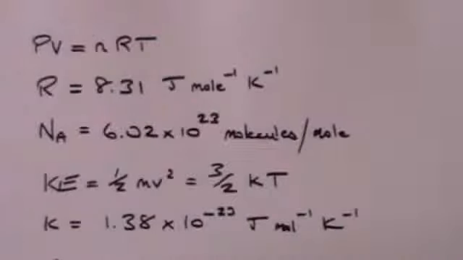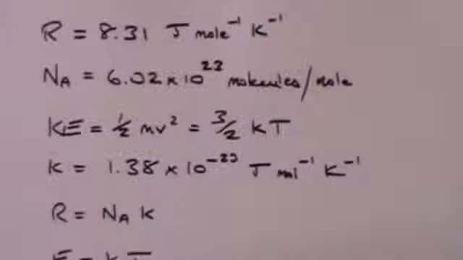But if v is the average velocity, then that equates to 3 over 2 times kT, where k is the Boltzmann constant and T is the temperature. The value of k is 1.38 times 10 to the minus 23 joules per molecule per Kelvin. And that means that the gas constant, R, is equal to the Avogadro constant times the Boltzmann constant.